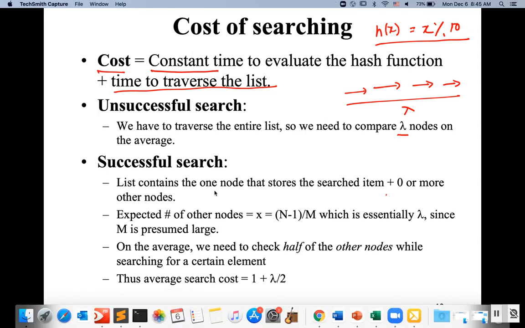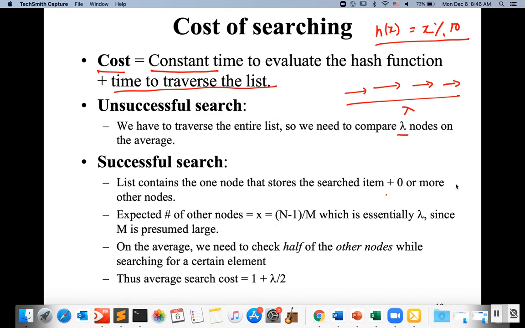So the item we are looking for will be in the list that stores the searched item, and that list could also store multiple other nodes. The expected number of other nodes here is (n minus 1) divided by m, which is essentially the load factor.